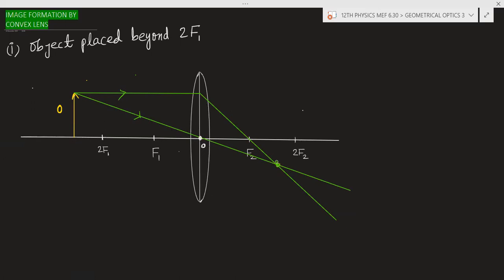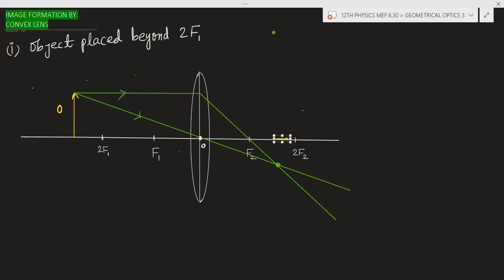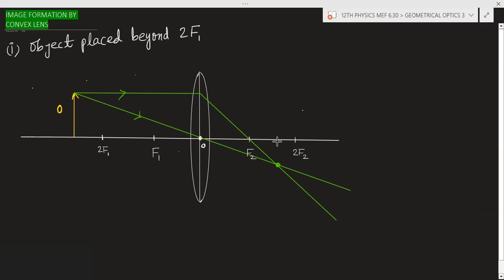Here the image of the object will form. So this will be the image.